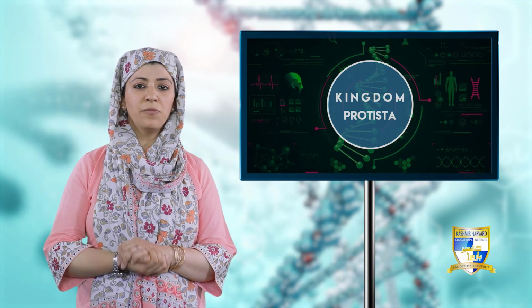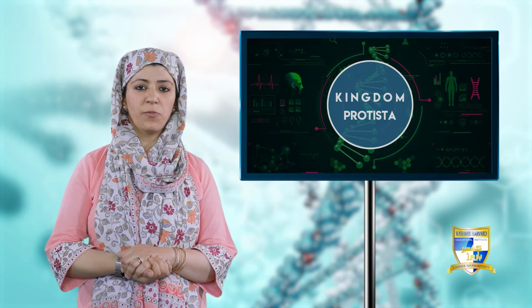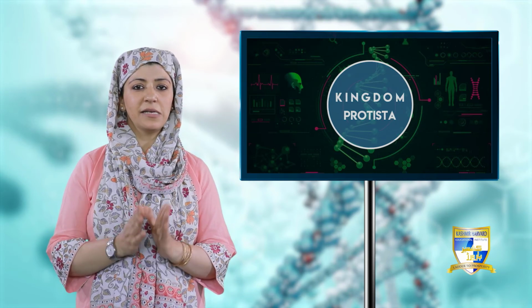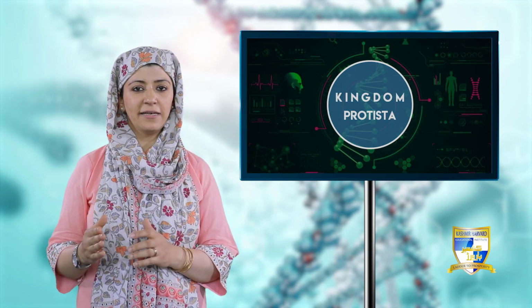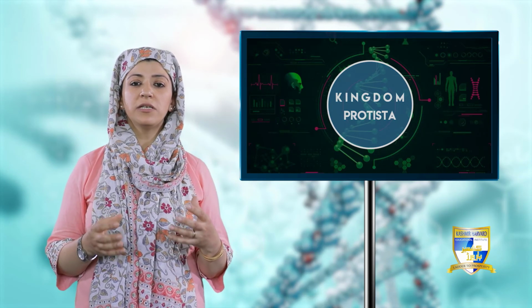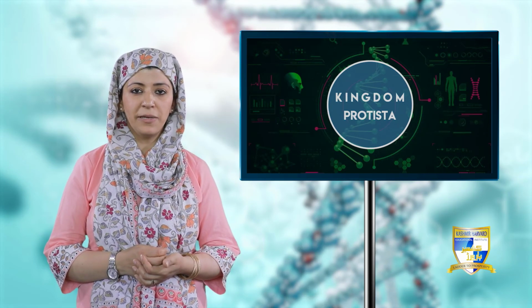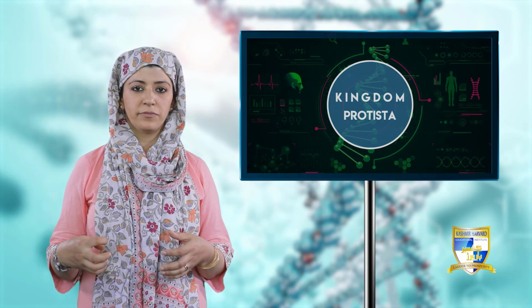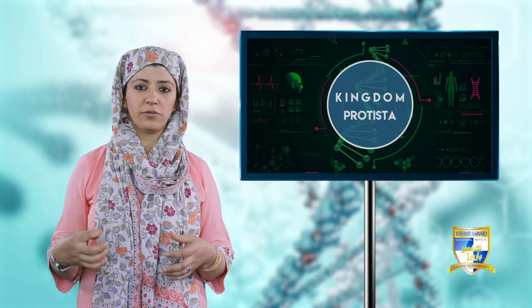In Protists, the sexual mode of reproduction is of two types. Either it may be by syngamy, or they may show conjugation. Syngamy is the fusion of gametes and the formation of a zygote. This process is known as fertilization.